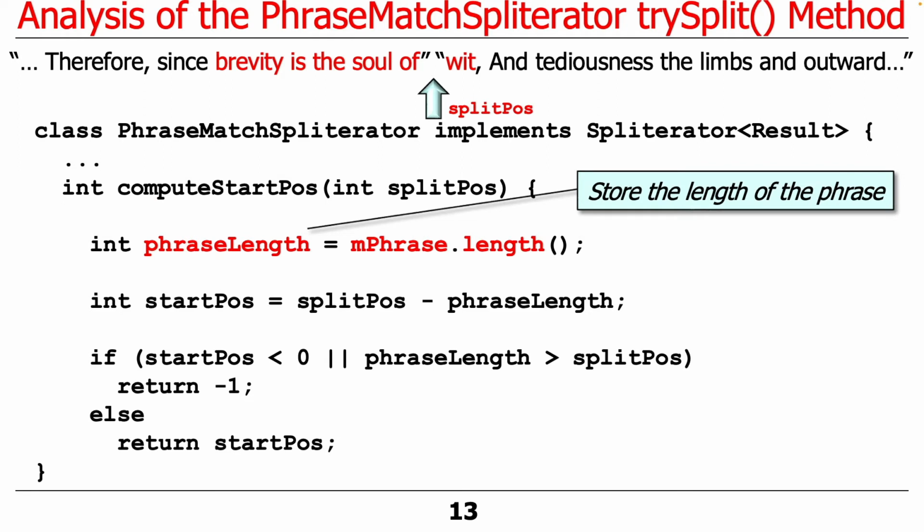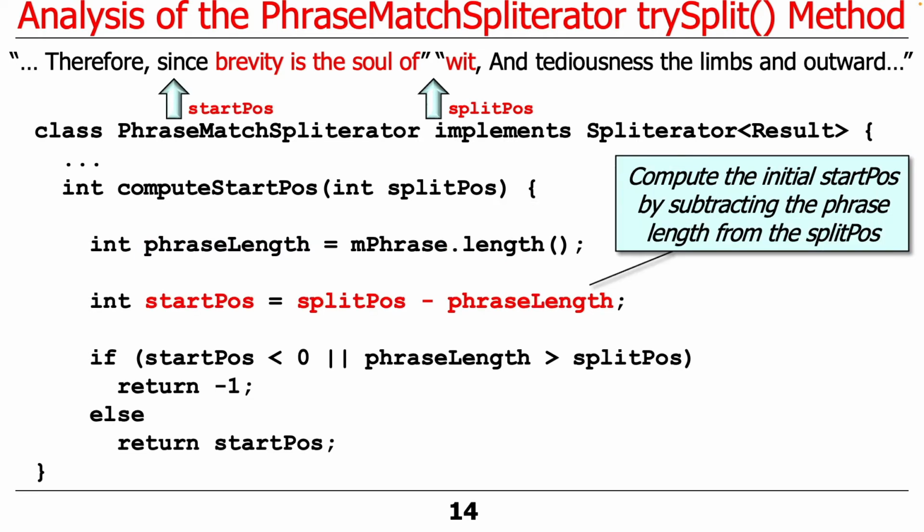We figure out the length of the phrase we're dealing with. Is it a long phrase? Is it a short phrase? Is it a long phrase like Hamlet's to be or not to be soliloquy, the whole thing? That would be rather huge. Or is it a very short phrase like anon, which he uses a lot? So we figure out the length, and then we take the split pos, and we subtract the phrase length.